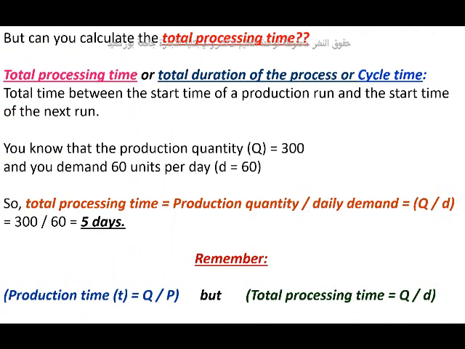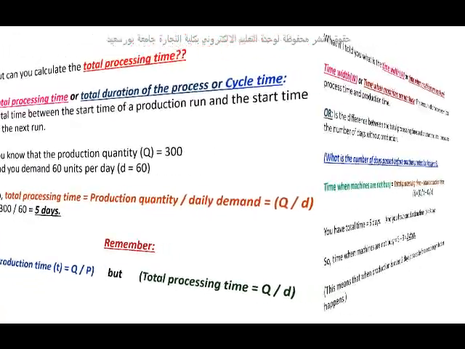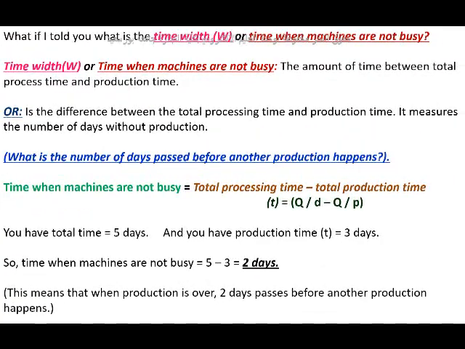If I said to you 5 days minus 3 days, the number of production days, this will be equal to 2. This is the time when machines are not busy. This is the same as what I said to you. This time when machines are not busy will be 2 days.